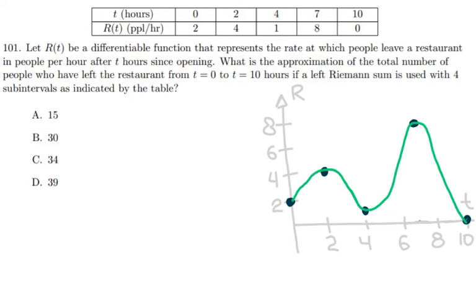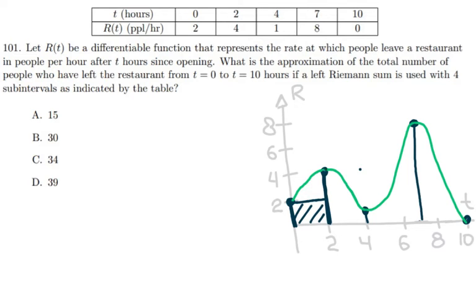The left approximation means I'm going to take the left side of the graph as my approximation. So I have to divide the graph into 4 parts, and then I take the left approximation and connect it to the next value. For this part, this is the left point, so this would be the first interval.